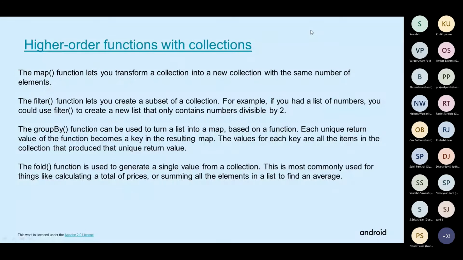Let us say we have a program for a bakery, and in that bakery we have some cookies, some cakes, and some other things. Then we have one map, like for one the thing is cookie, for two it is cake, for three it is pastry. Then we have another map in which for one we have the cost of cookies, for two the cost of pastry, and for three the cost of cake.